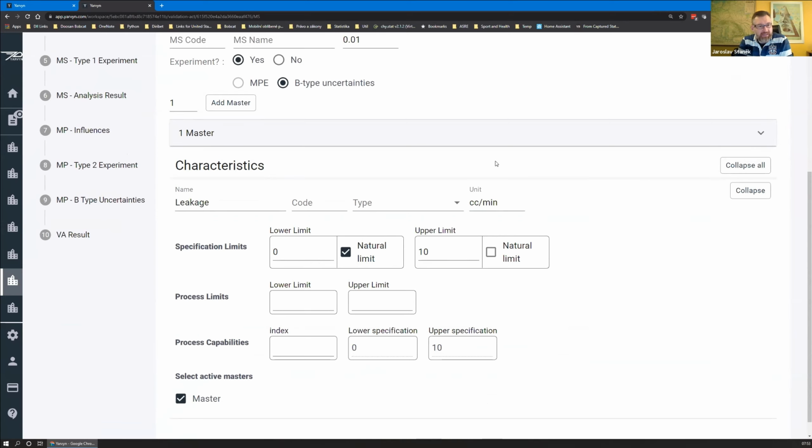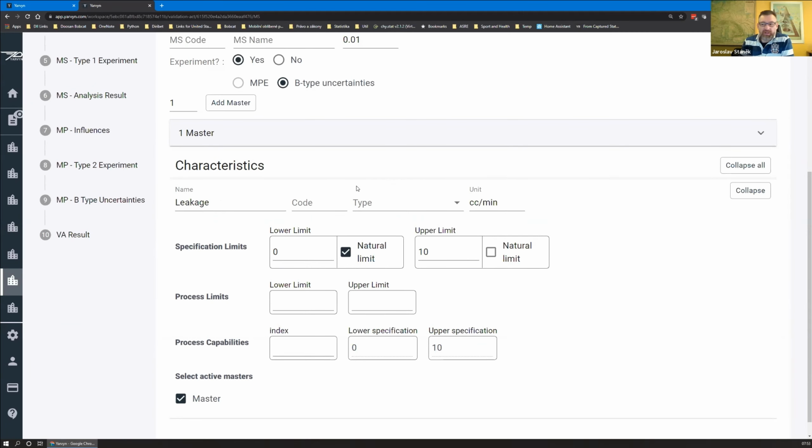In this second case, this is the actual measuring device. It has its specification limits. So it's possible to evaluate not just the uncertainty, but also the indices, the non-dimensional indices that are related to the specification limits.